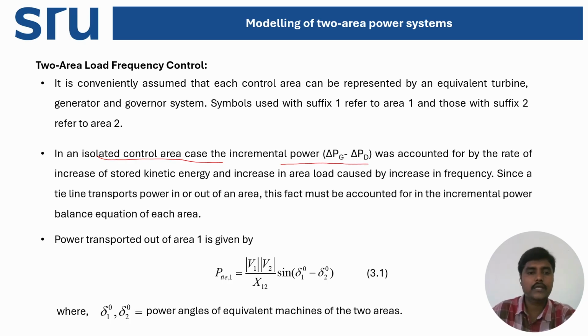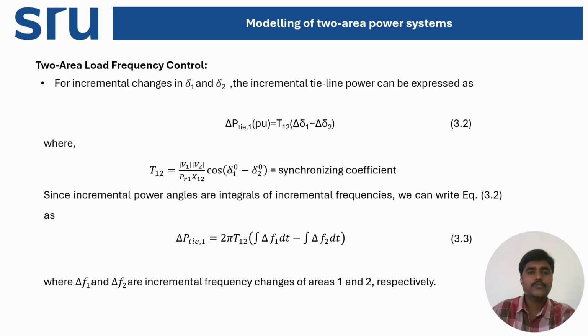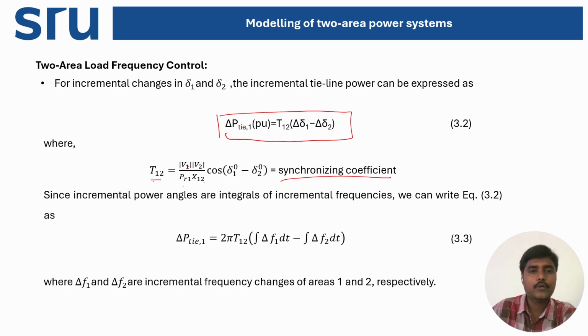Correspondingly, you can have a tie line power flowing out from area 1 as P tie 1 equal to V1 V2 by X12 sine of (delta 1 minus delta 2). That tie line power can be expressed by using a synchronizing coefficient called T12, where T12 is V1 V2 by PR1 into X12 cosine of (delta 1 minus delta 2).